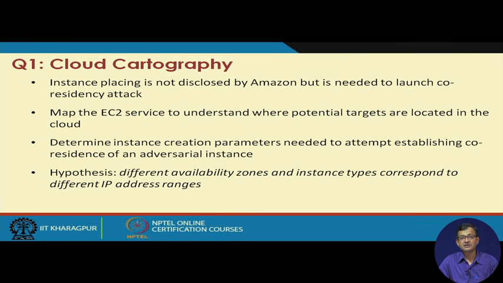The basic hypothesis is that different availability zones and instance types correspond to different IP ranges, right. So, if I have different availability zones and different instance types, it is likely that they are in different IP ranges. So, there is a possibility of exploiting this.